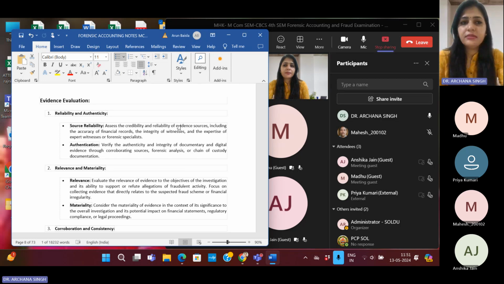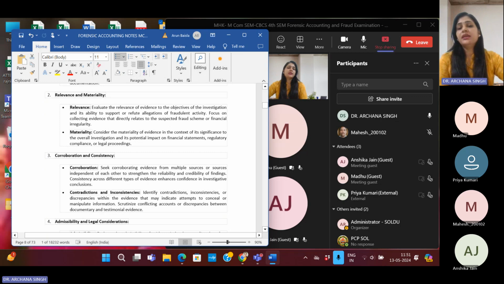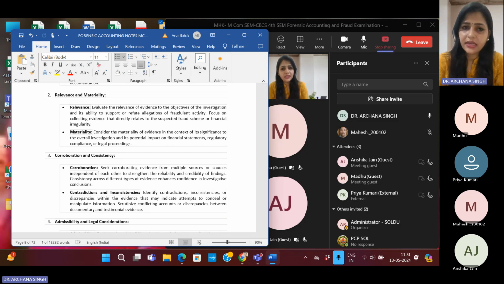The next is relevance and materiality. Relevance means कि what is the relevance of that evidence that they had collected, whether it is related to the objective of the investigation or not, whether it is able to support the allegations of that fraudulent activity or not. So they had to evaluate that thing.